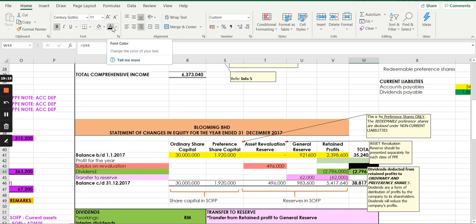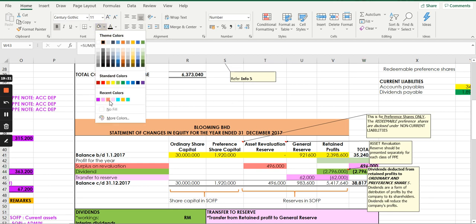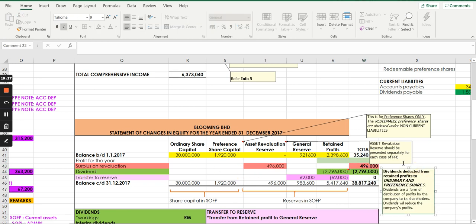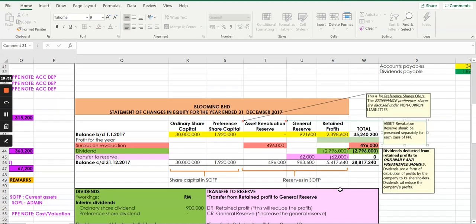These are the items related to your surplus, and these are the figures that you should get for the total of your reserve. The total reserve will be 496 plus 983 plus 5,417,640. Total share capital will be 3 million plus 1920.